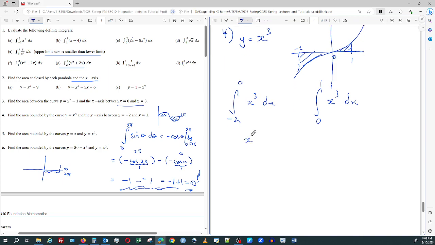Up and under between -2 and 0. So we're doing it piecemeal. That's our approach. Same thing here, but this time we're doing it 0 to 1. We're doing it part by part. So our scaffolding here will be x to the 4 over 4 and x to the 4 over 4.